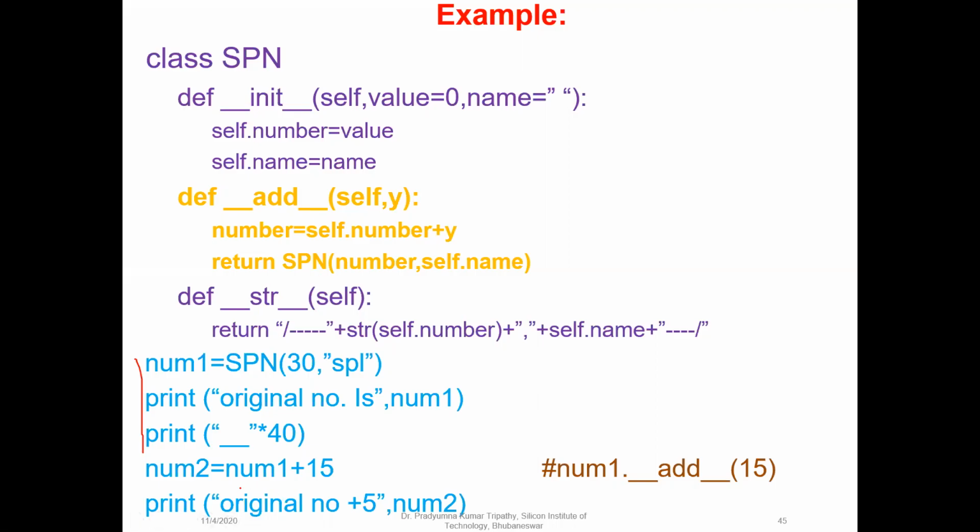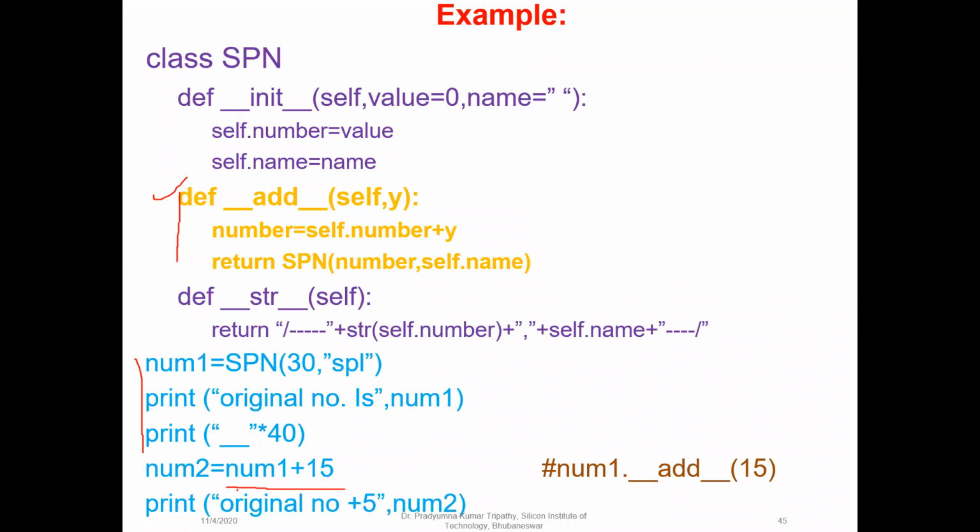The moment you write norm1 plus 15, the Python interpreter will understand that it cannot be added, so it is like an error. But before showing the error, it checks whether the plus operator is overloaded. It found that yes, it is overloaded, so it will invoke this add method.